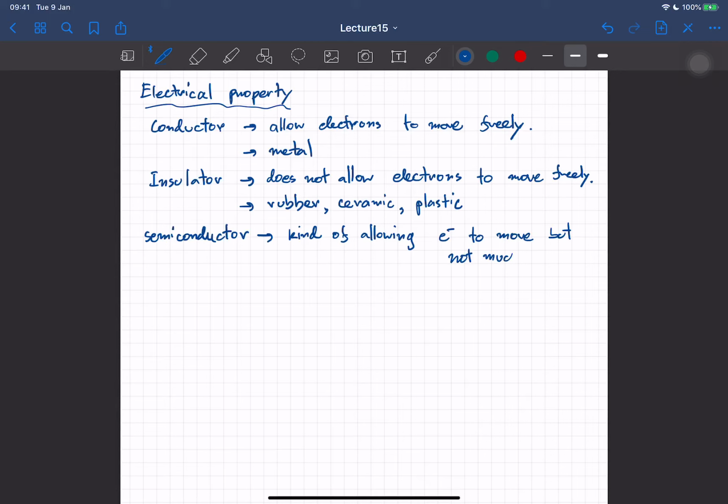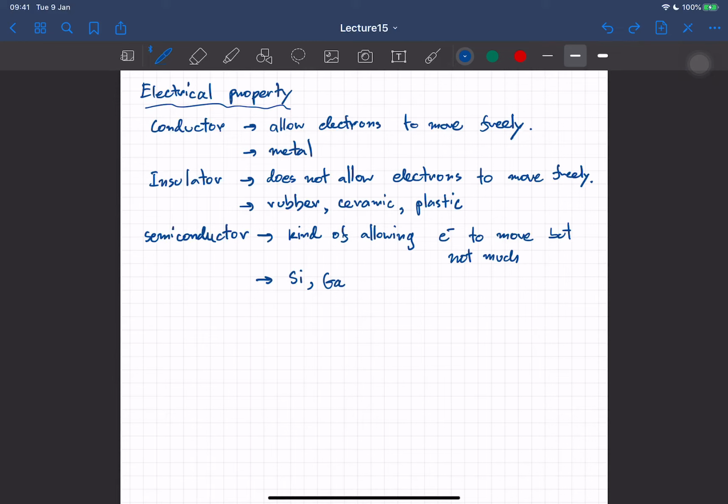So it's kind of halfway between conductor and insulator. We have only a few elements in the periodic table that behave like a semiconductor. One is silicon, the other one is maybe gallium, something like that. But silicon is the one that's used most of the time.